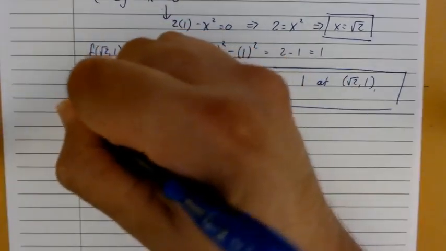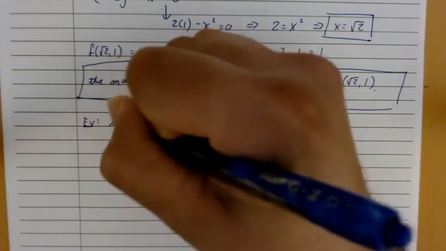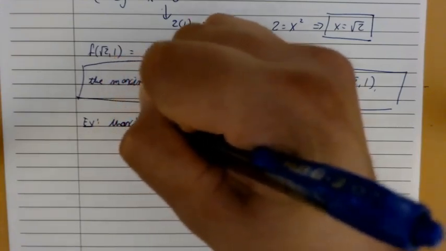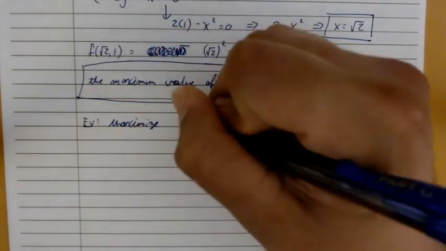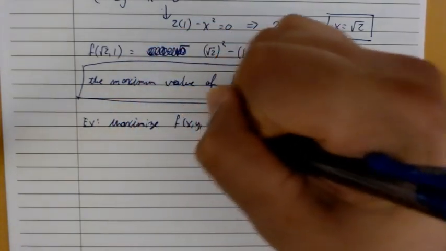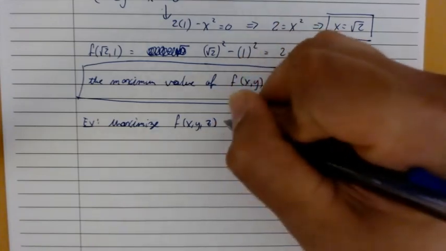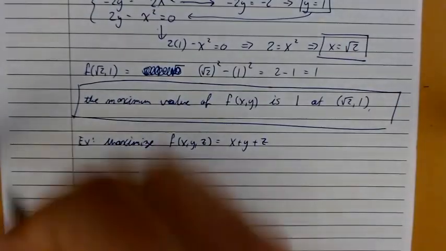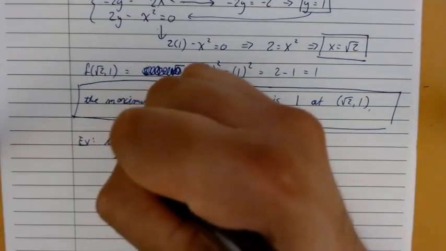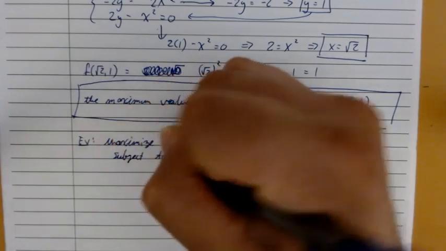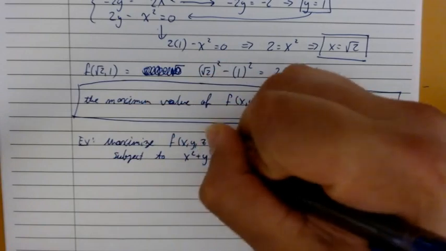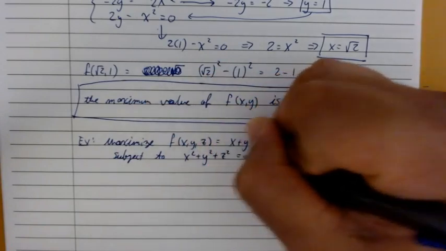Here, let's go ahead and maximize not a function of 2 variables, but a function of 3 variables. Let's go ahead and maximize f of x comma y comma z, which is equal to x plus y plus z. So we're going to maximize the sum of those 3 numbers, subject to the constraint x squared plus y squared plus z squared equals 1.